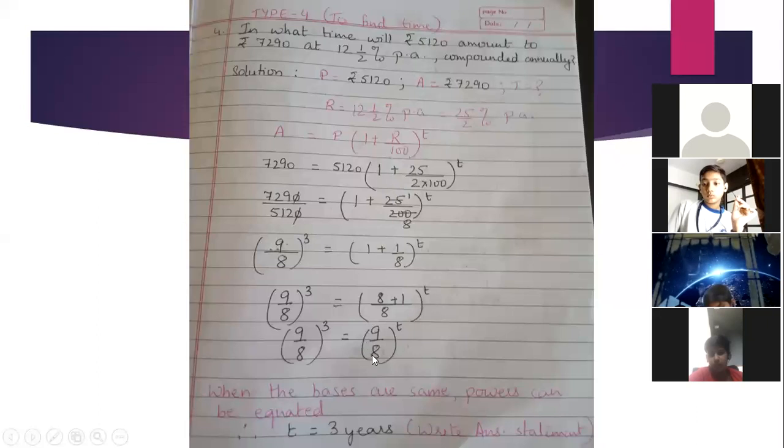By solving the right side, you are getting 9 upon 8. 729 is nothing but a perfect cube of 9, and 512 is nothing but a perfect cube of 8. And that is how you get the bases same. You have to get the bases same, then only you can equate the powers, otherwise we can't. So there you will write, when the bases are same, we can equate the powers. So here t is equal to 3 years, and then you write the answer statement.